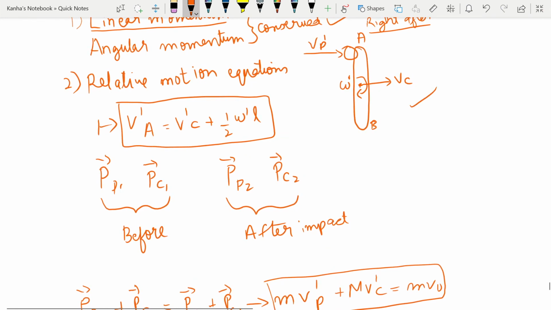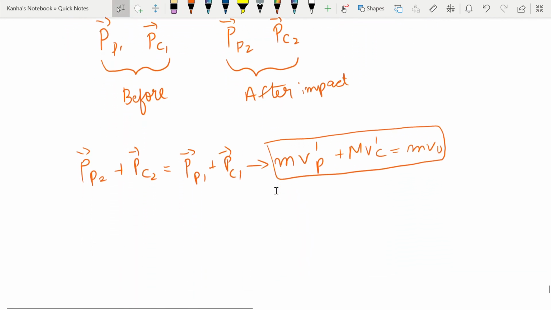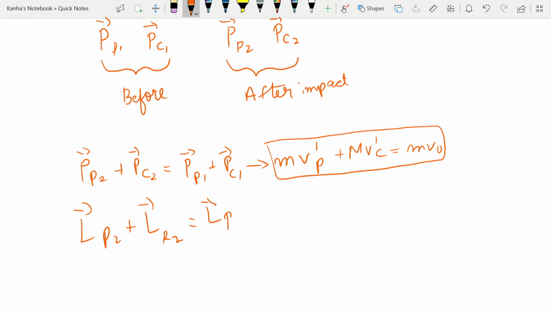Okay, so what you see here is, if I apply the conservation of angular momentum again, I can easily write L P2 plus L R2, this is after the collision, right after, and this is equal to L P1 plus L R1.